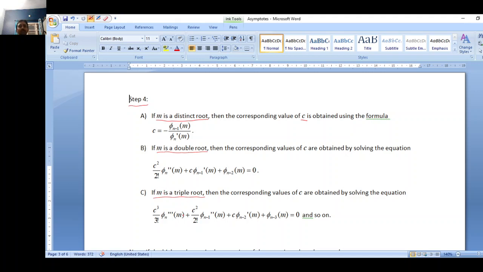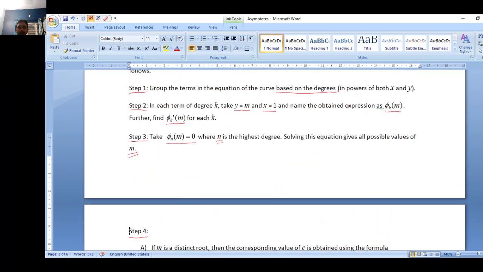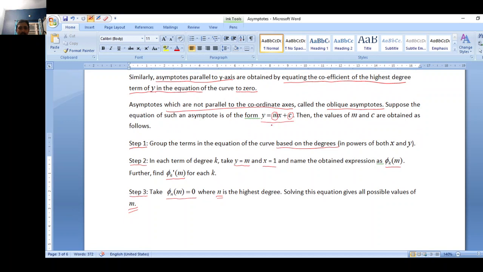Okay, so this is exactly how we find the values of c corresponding to the values of m. So once you have got c's and m's, the corresponding asymptotes are given by y equals mx plus c. Right? So this is the general working rule to find all possible asymptotes to the given curve if they exist. Okay, so this is the whole procedure.